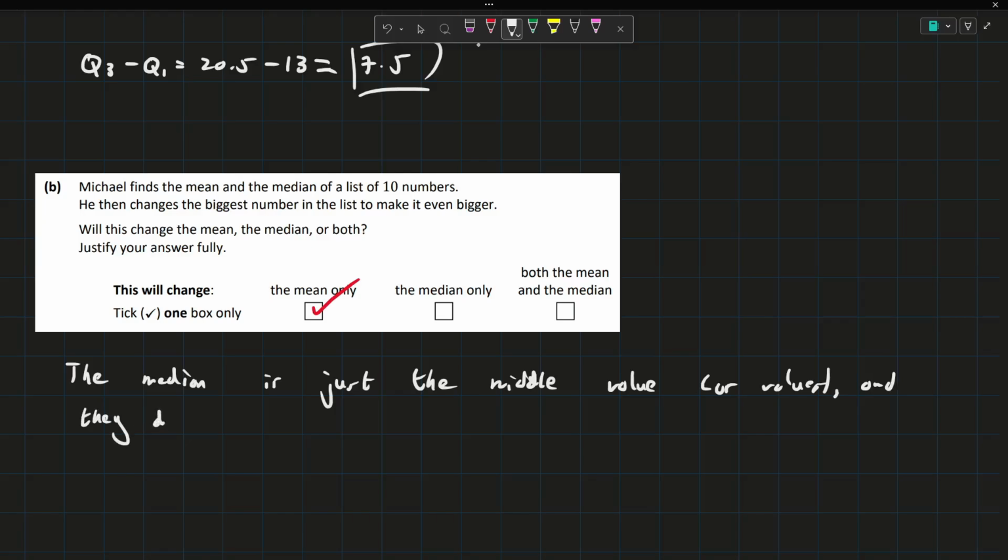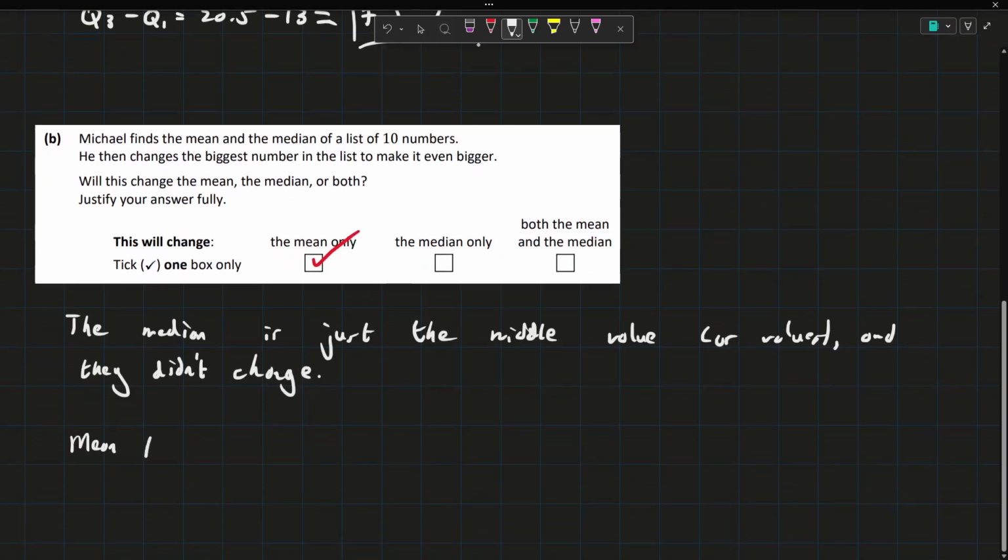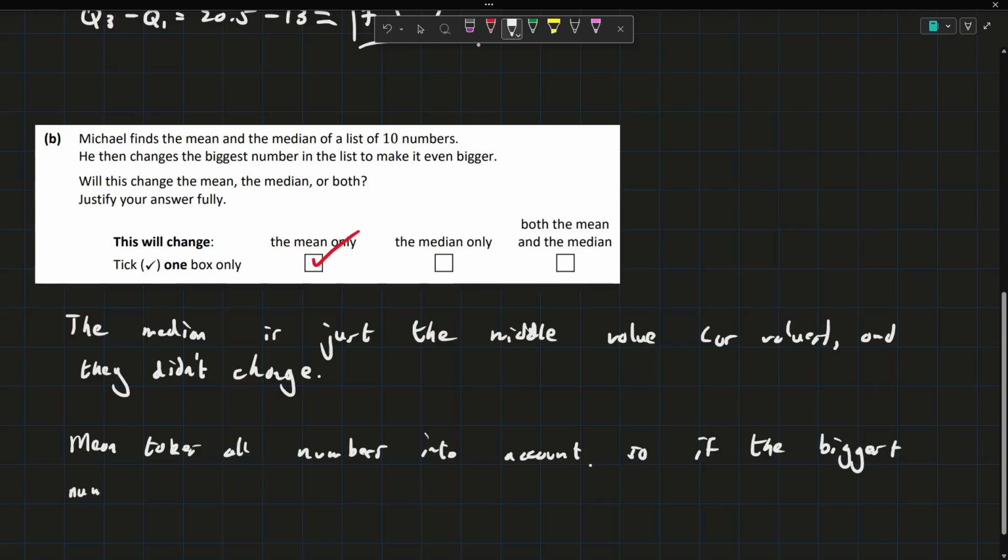So there's still 10 numbers, so the middle value didn't change. The mean takes all numbers into account, so if the biggest number changes, the mean changes.